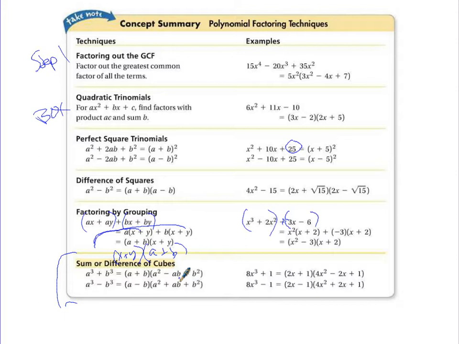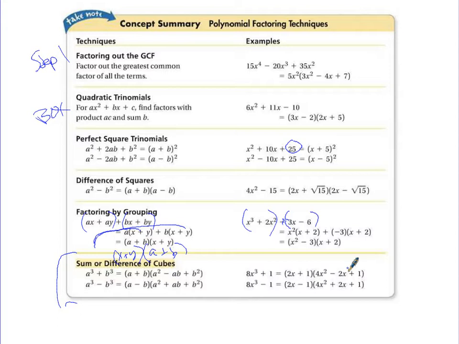The example over here is a good example. 8x to the third plus 1 factors. It's the sum of cubes. So my signs will be plus in the binomial and then minus plus in the trinomial. What number times itself 3 times gives me 8? 2. What number times itself 3 times gives me x to the third?